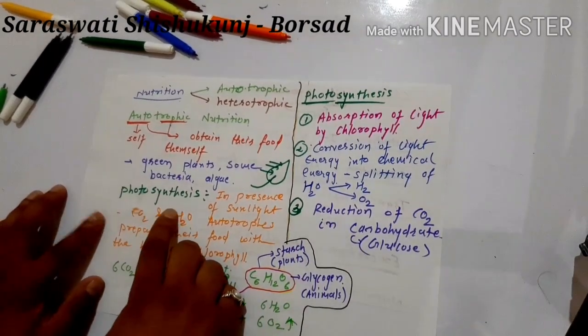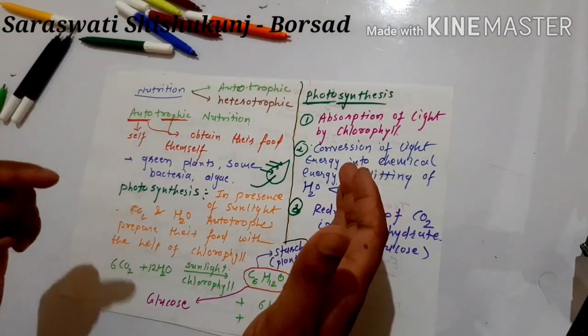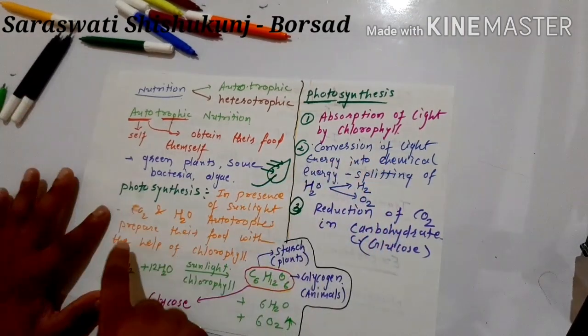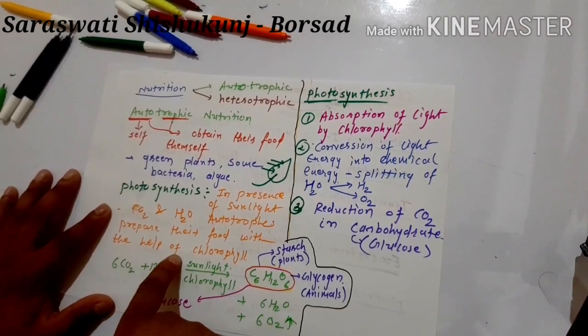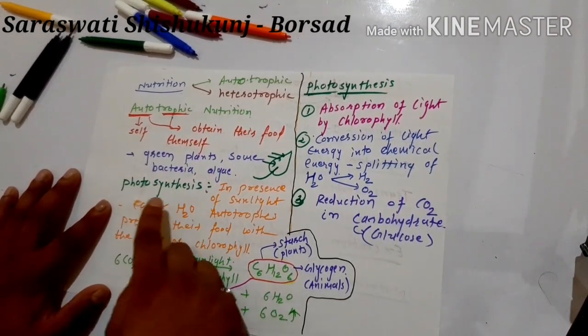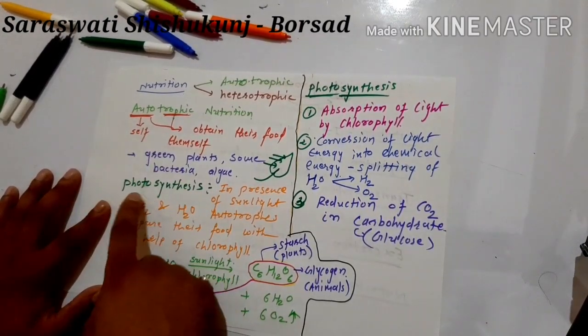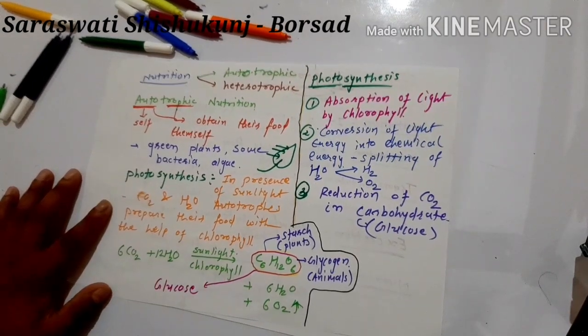What is the process of photosynthesis? In the presence of sunlight, carbon dioxide, and water, autotrophs prepare their food with the help of chlorophyll present in them. That is called photosynthesis. Photo means light, synthesis means preparing food. So if food is prepared in the presence of sunlight, that is photosynthesis.